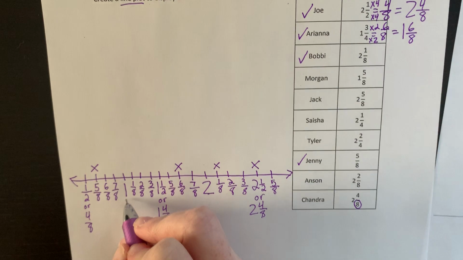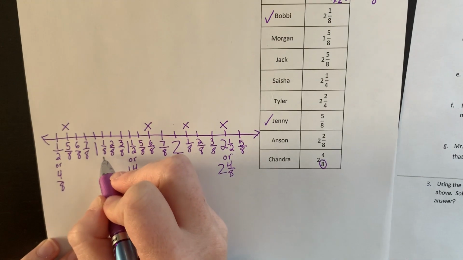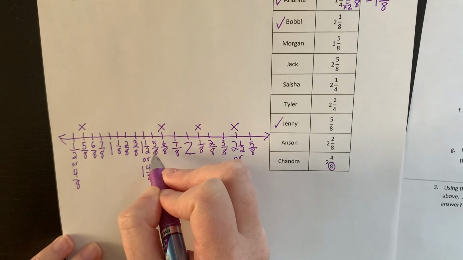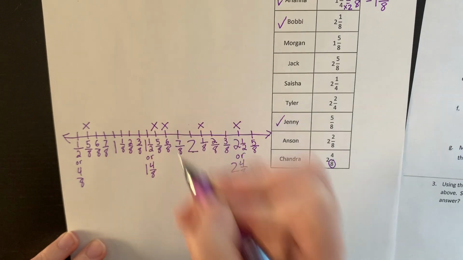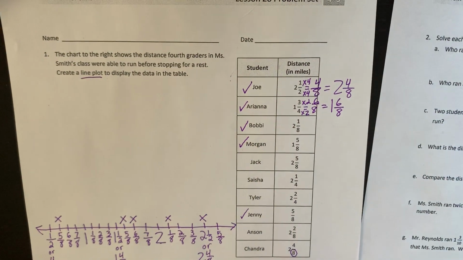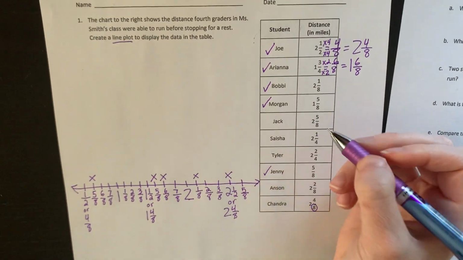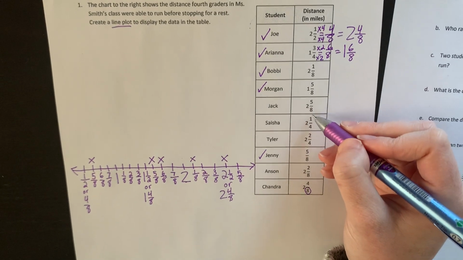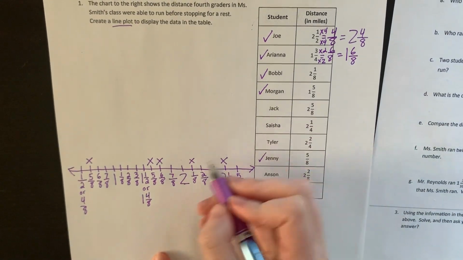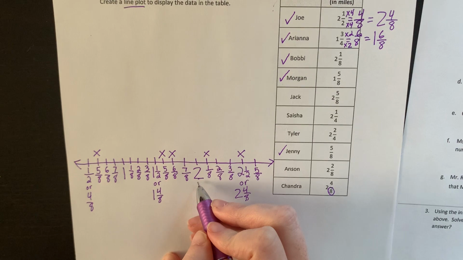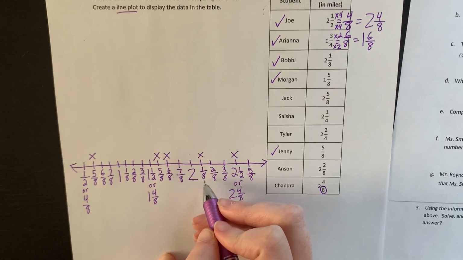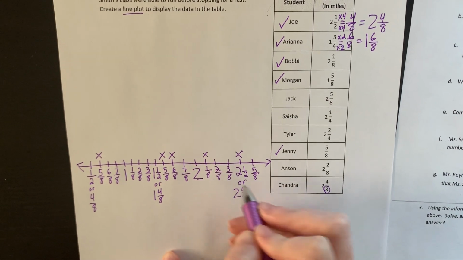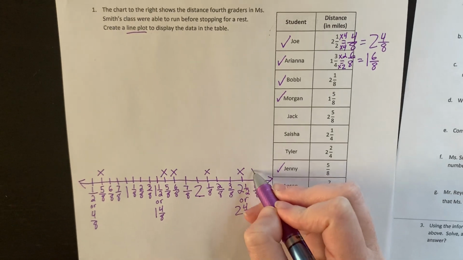I find the 1, and now I go to the 5/8. 1, 2, 3, 4, 5. X above and check it off. Now Jack. 2 and 5/8. Again, go down to the line plot, go to 2 and go to 5/8. 1/8, 2/8, 3/8, 4/8, 5/8.